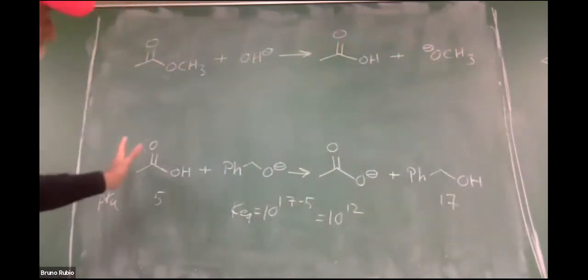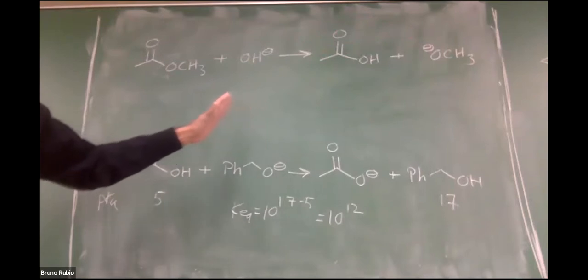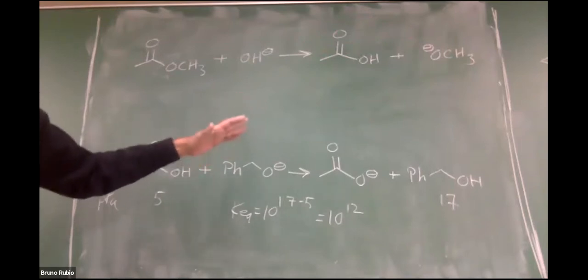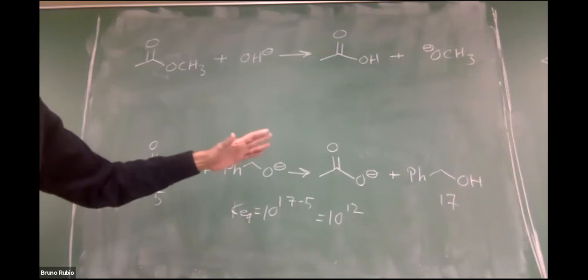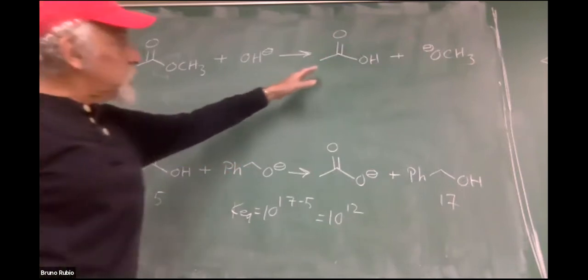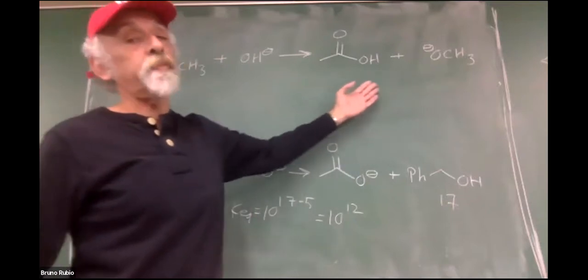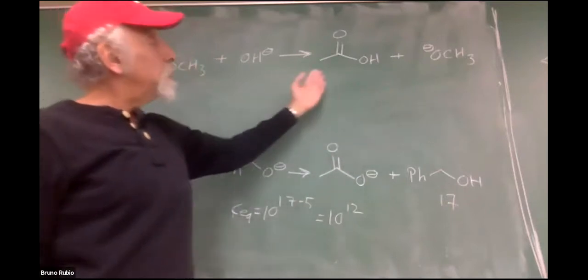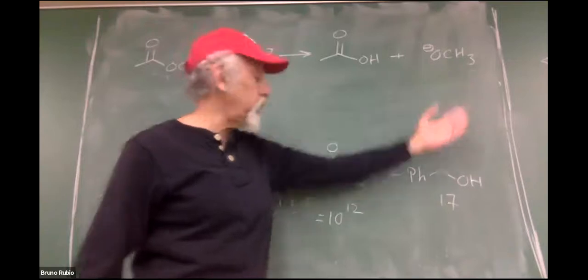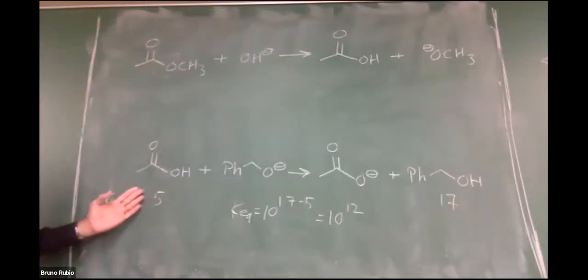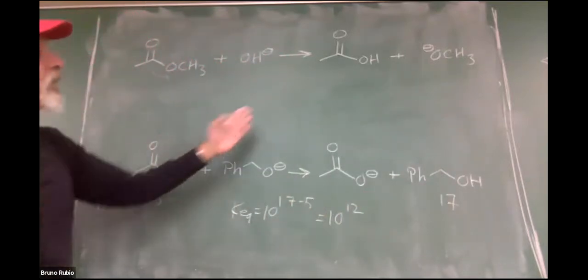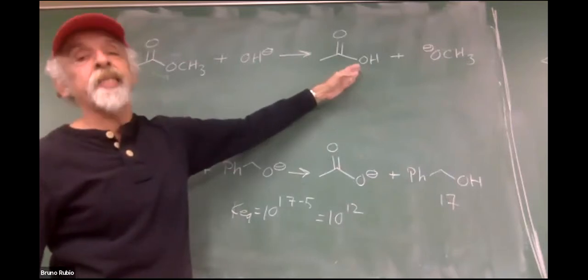And notice that leaving group, that thing that's not carbon, not hydrogen, took off with that negative charge on it. And so we're tempted to think that these are the products of the reaction. But if you look at this situation here, and if you look at this situation here, we see that this is a carboxylic acid.